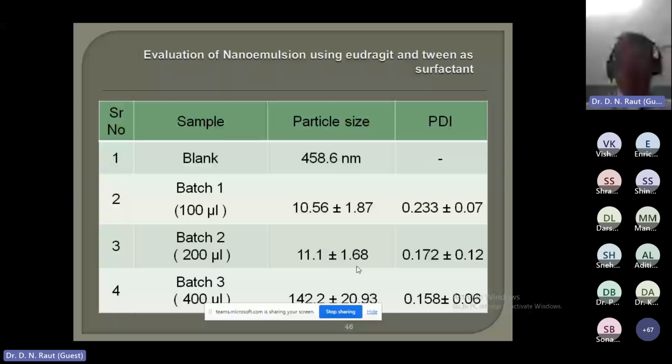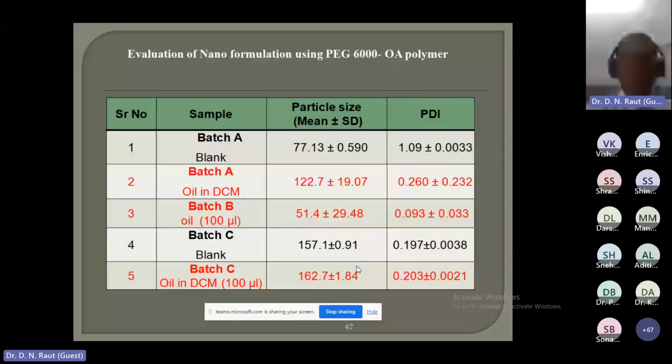So here we have used Eudragit and Quillaja as a surfactant and prepared the nanoparticles and taken the particle size as well, with the PEG 6000 oleic acid polymers.